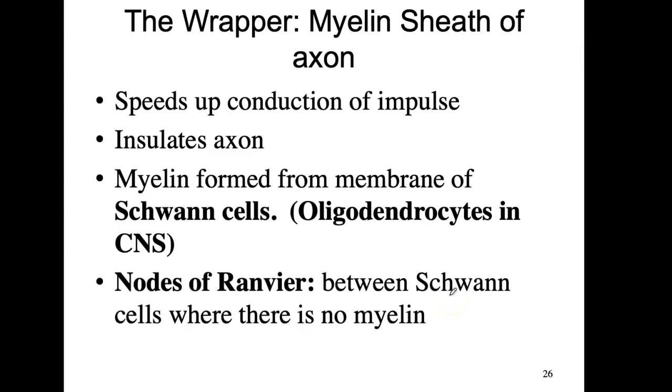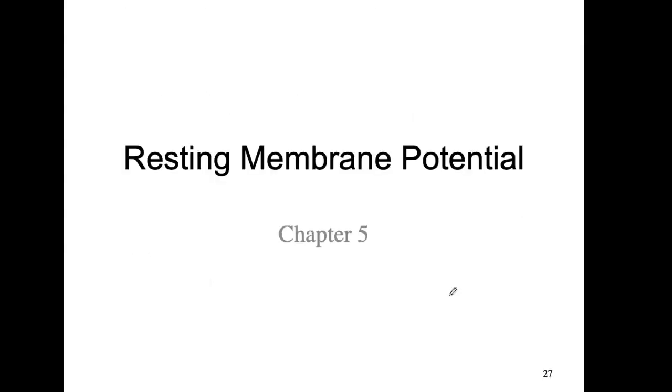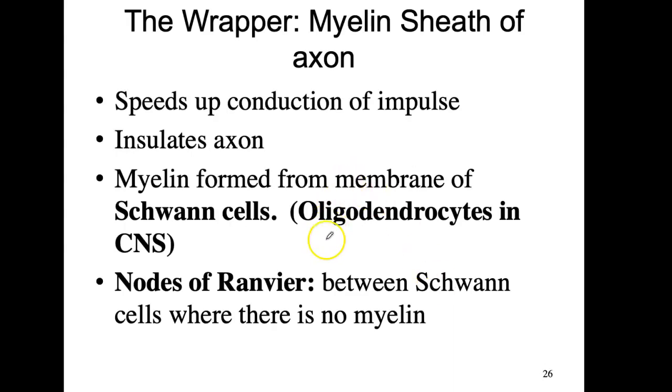There are spaces. It doesn't cover the entire axon. And those spaces between where one cell is wrapped around and not wrapped around, where there's no myelin sheath, is called a node. And it's the node of Ranvier. Maybe I'll draw that for you.